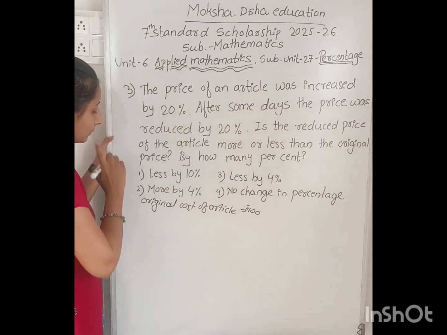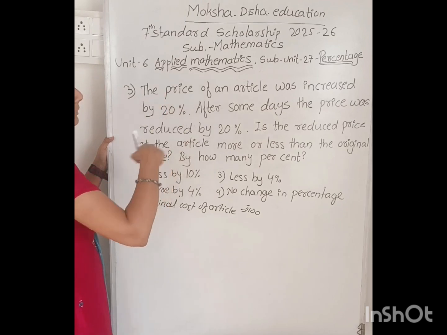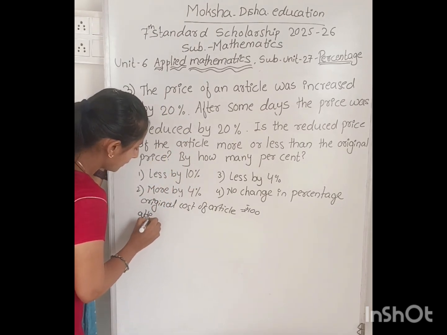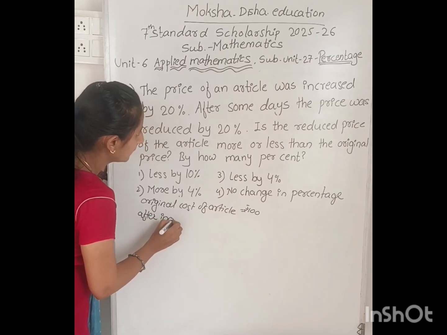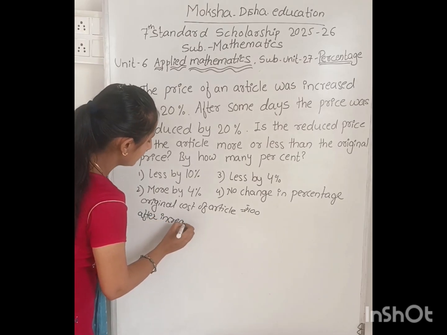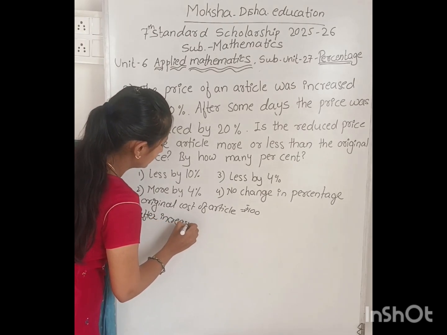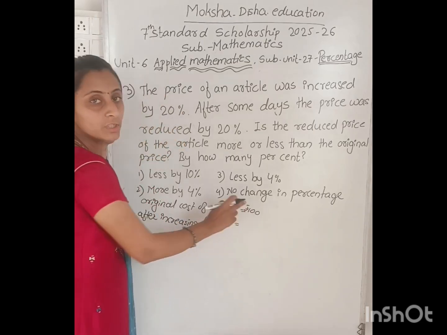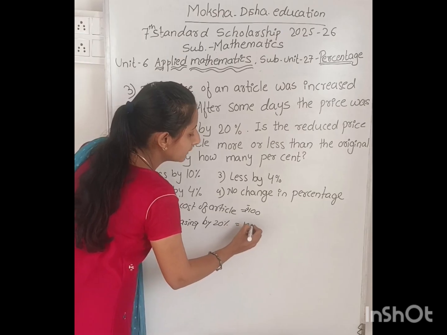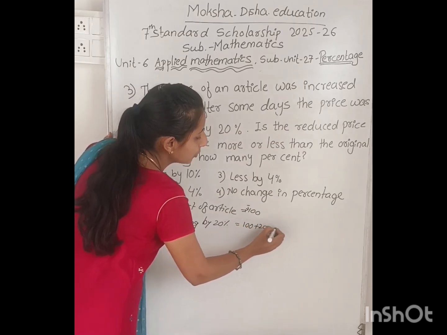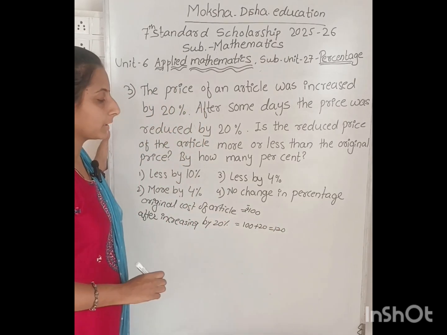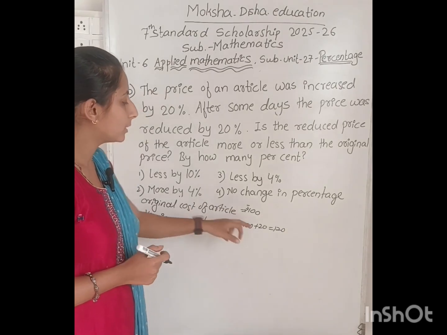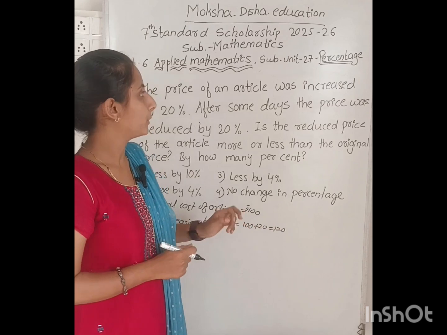Now after increasing by 20%, this original cost becomes 100 plus 20 equals 120. Okay. After increasing the cost of the article by 20%, the cost of that article is 120 rupees.